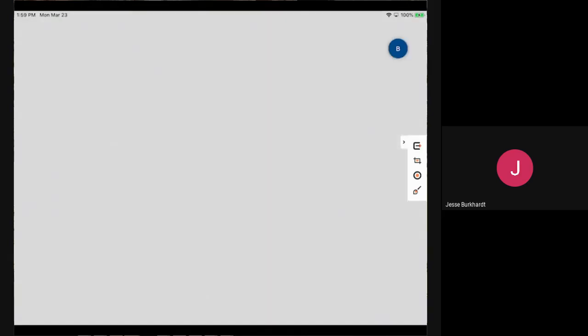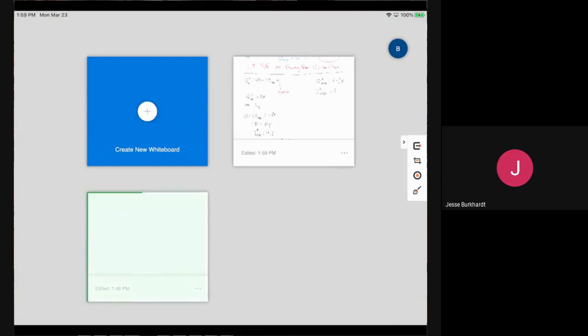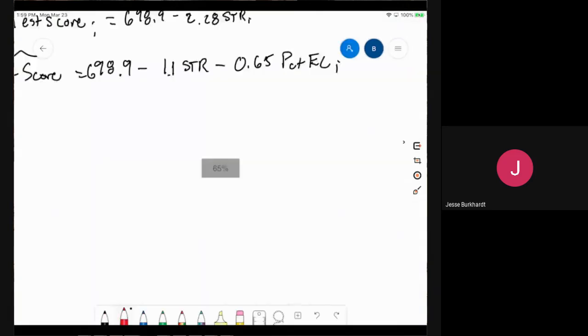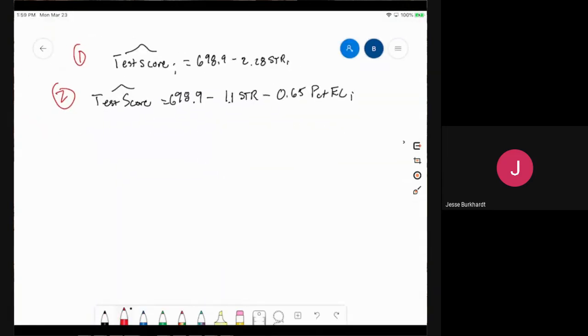Let's go back and look at our regression examples. Here we have the sample regressions of test scores on student-teacher ratios, and we get a coefficient of negative 2.28 in the first one. That means a 1 unit increase in student-teacher ratios is going to reduce test scores on average by 2.28 units. What happens when we control for percent EL in the second equation?